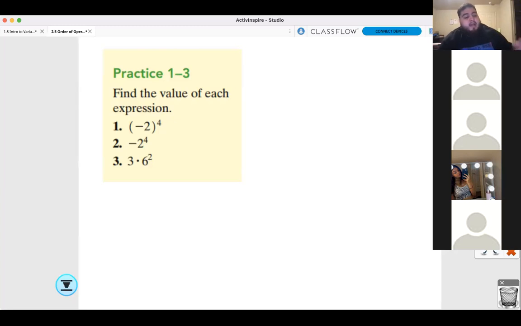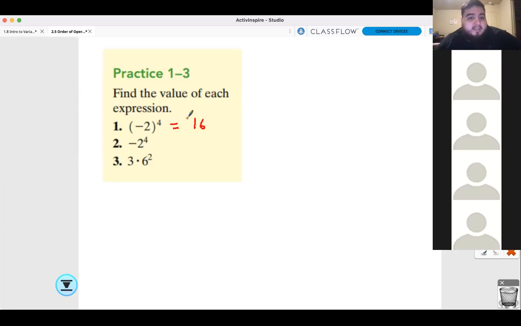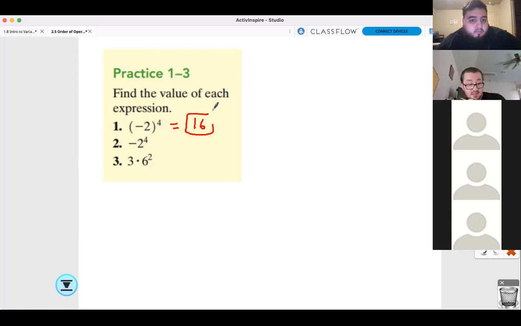All right, does anyone have an answer for number 1? What do they think number 1 was? 16. Does anyone agree or disagree with that 16? Agree. Excellent. What about number 2, class? -16. Does anyone agree or disagree with the -16?